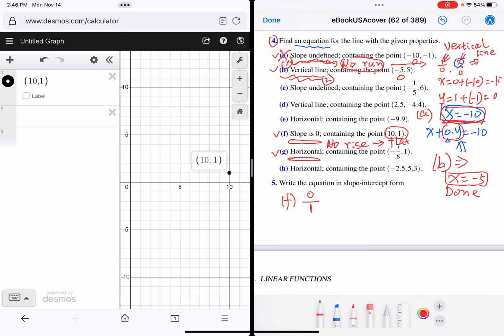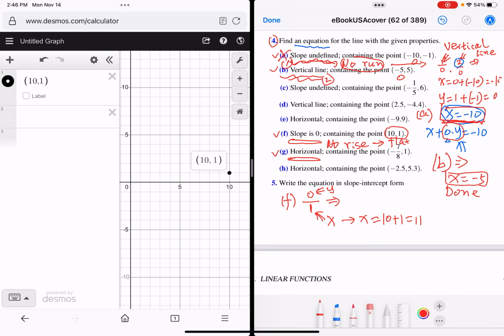You may do as I previously told you. This is the y, this is the x. In order to get x for the new point, 10 add 1, so you have 11.